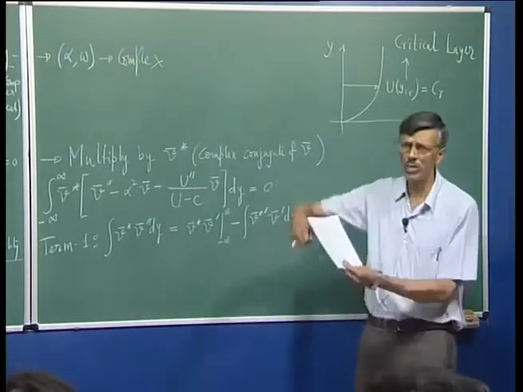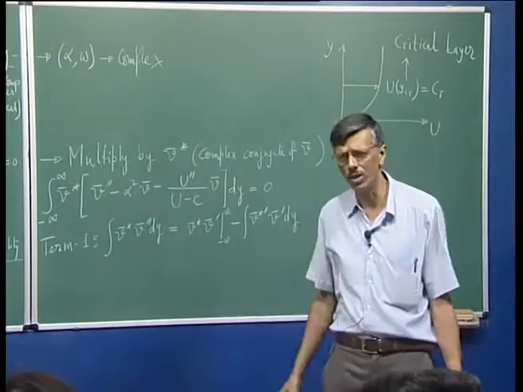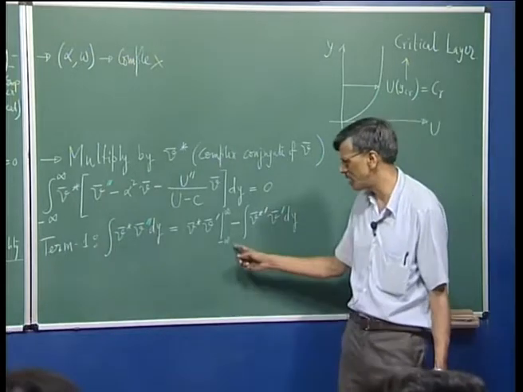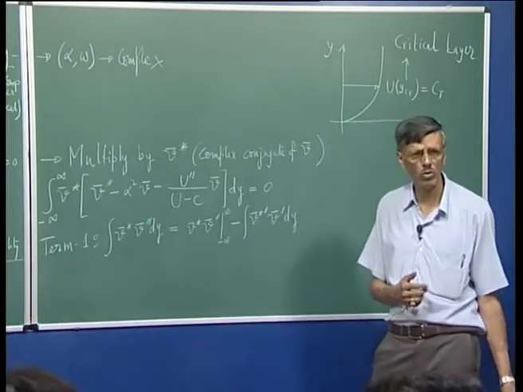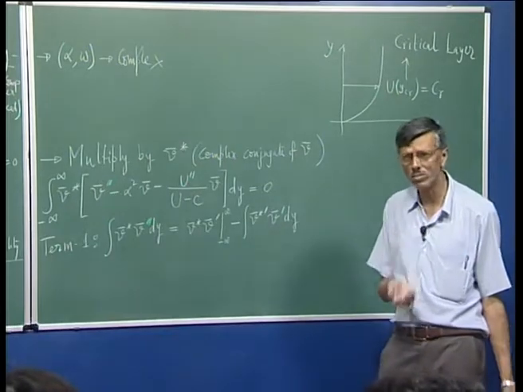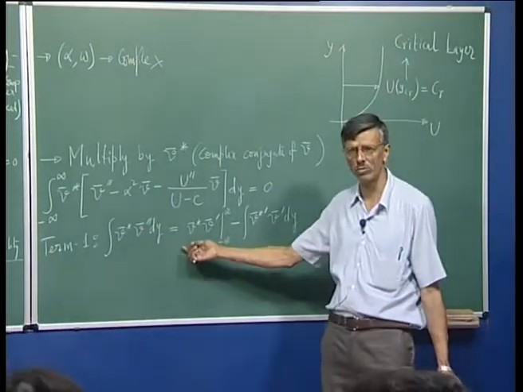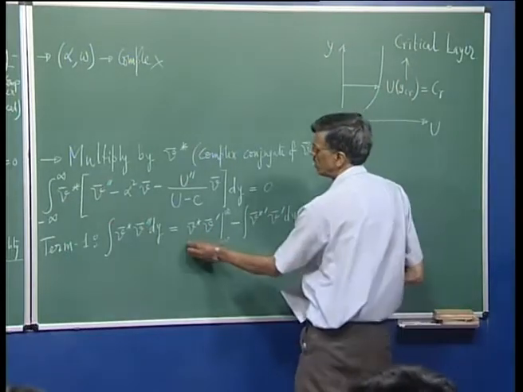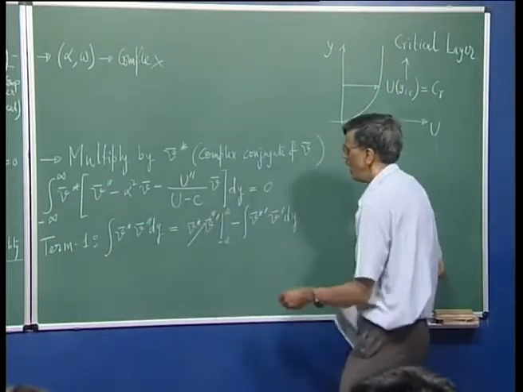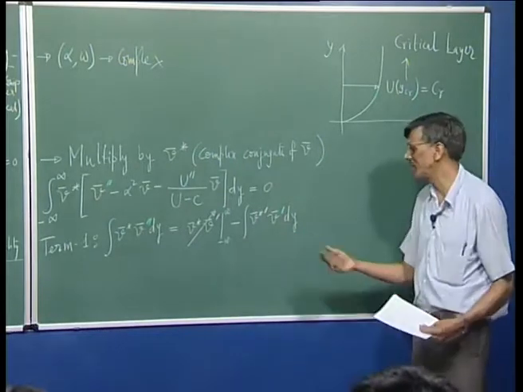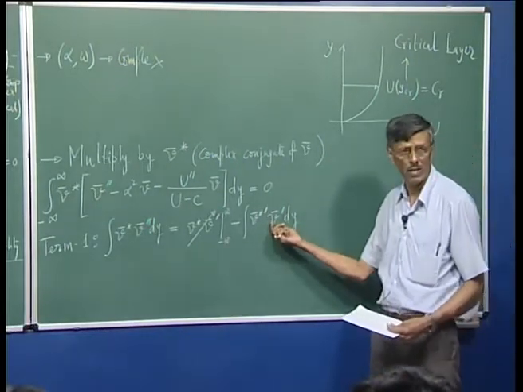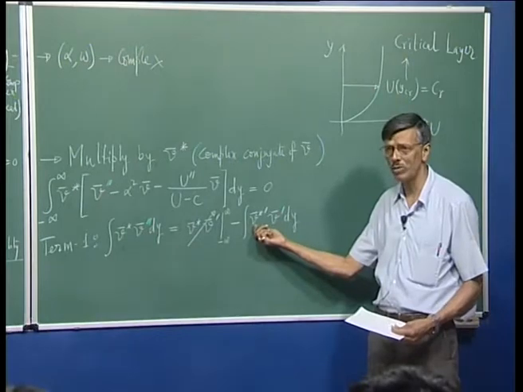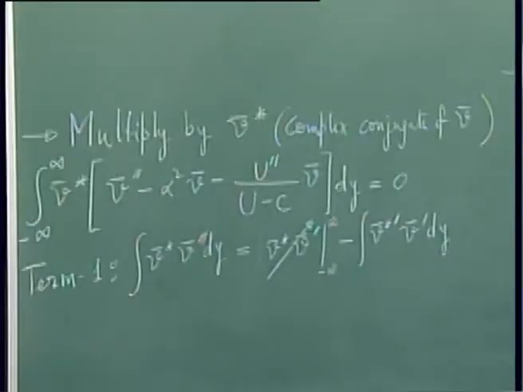See, if we are going to the end of the region of interest, that is where disturbances go to 0. If the disturbances go to 0, the conjugate also will go to 0. So, this term does not survive. Okay. And what about this? It is an interesting quantity. This is a quantity times its complex conjugate. So, what do you get? That will be the mod of v bar prime squared.